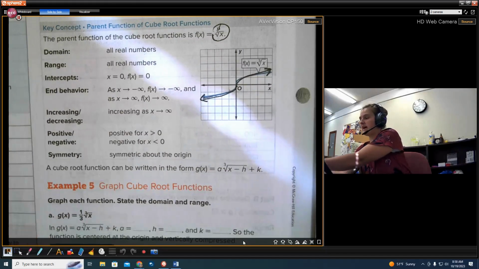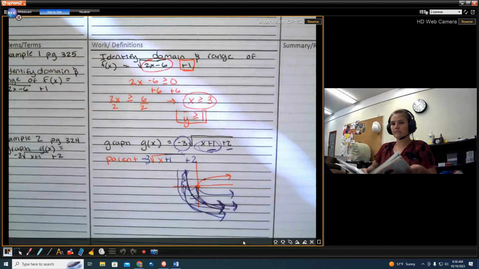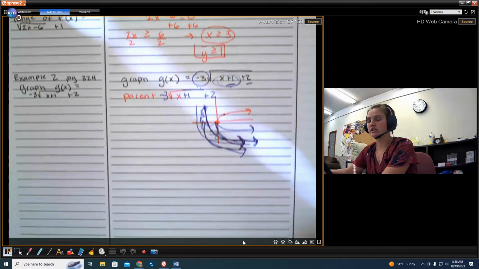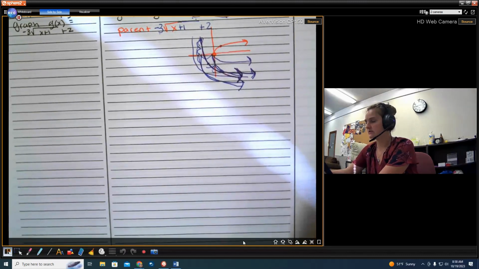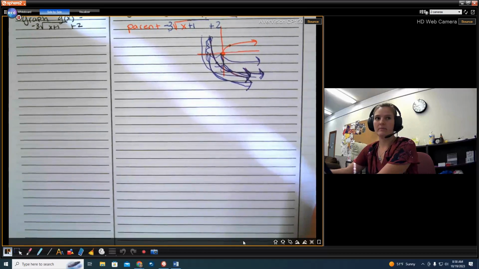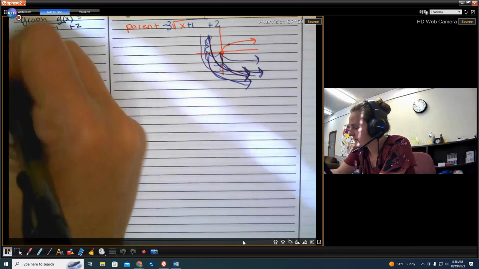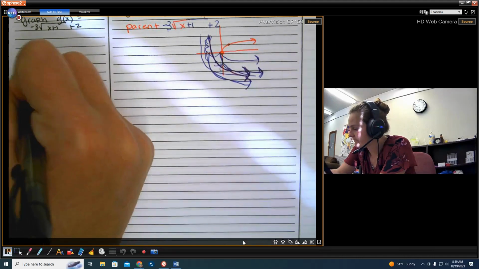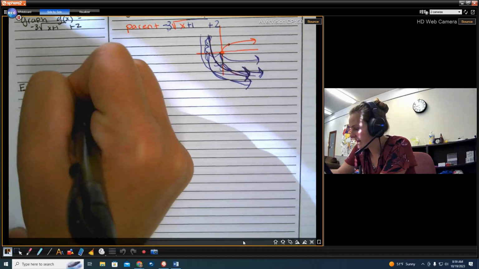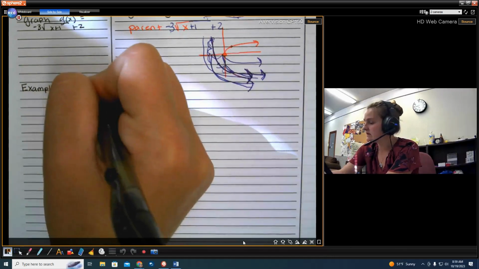All right, let's do example 5. Just like with square root functions, you can transform these just like anything else. So we're going to move our note paper up, and we're writing example 5. It's on page 326.